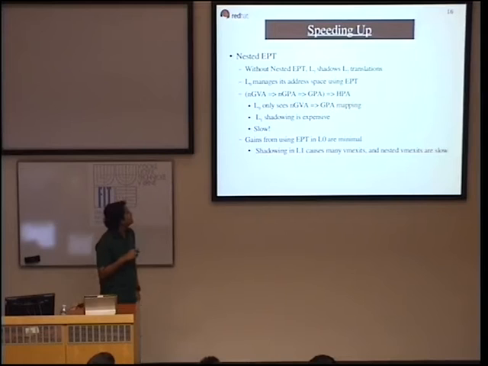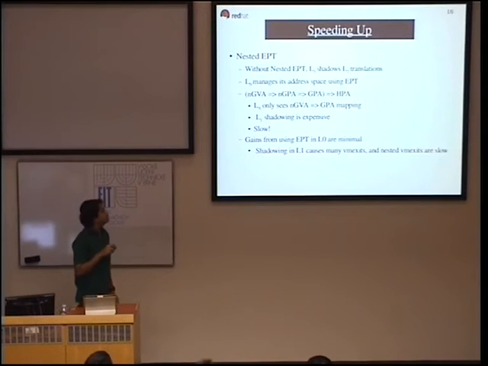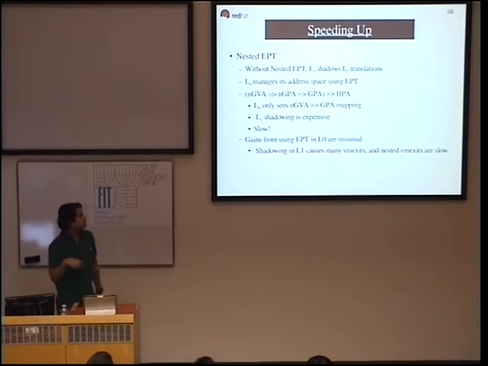So L1, running as a hypervisor, is going to use shadow page tables, the old legacy way, to run L2, but L0 is going to manage its address space using EPT. So the thing in the brackets is the shadow mapping, and EPT is used for the mapping to the host physical address.